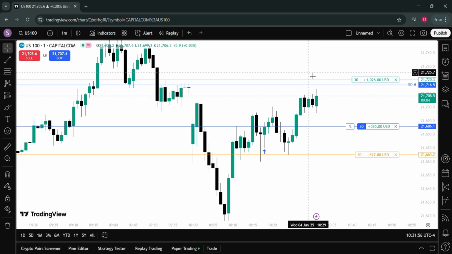Price is showing good momentum. We're going to wait for it. Let's see.